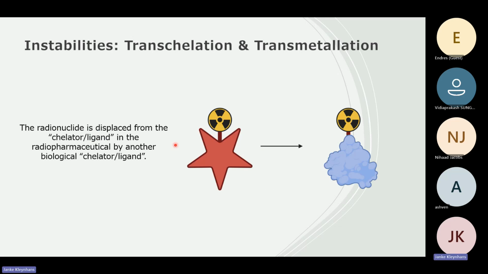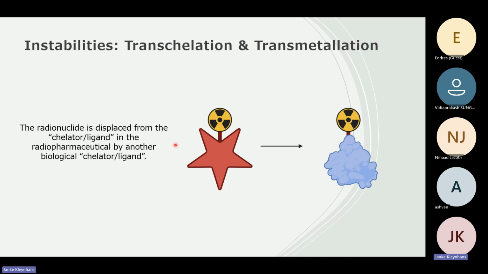The other instability is transchelation. This is where your radionuclide is actually taken off by another entity in the body, like a protein or something that has more affinity. It's normally things like transferrin. So you want your radionuclide to not have higher affinity for anything in the body compared to the chelator.